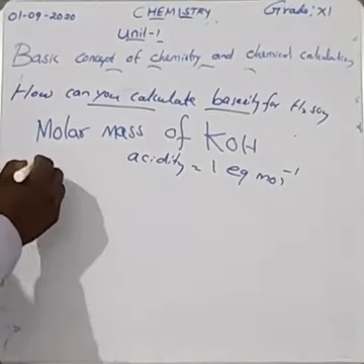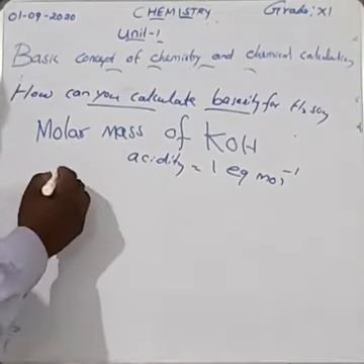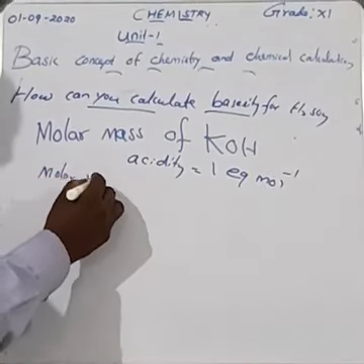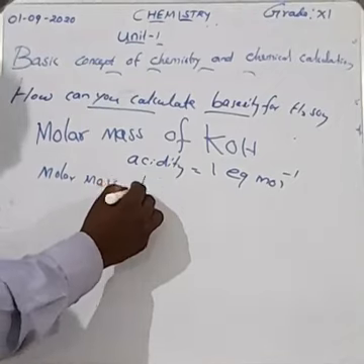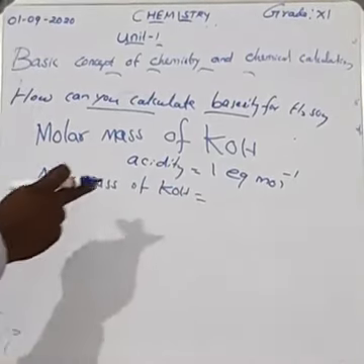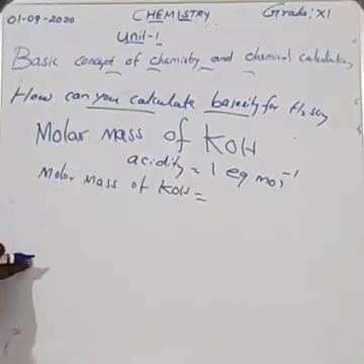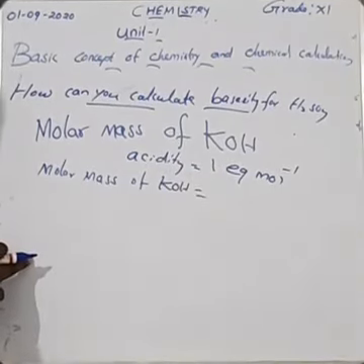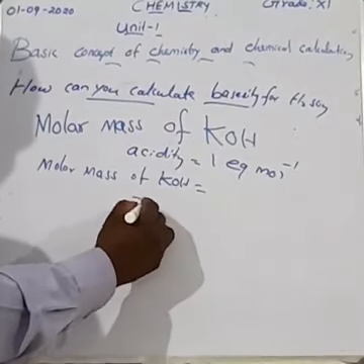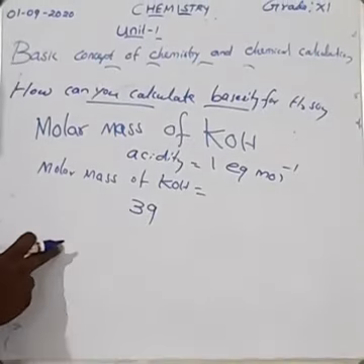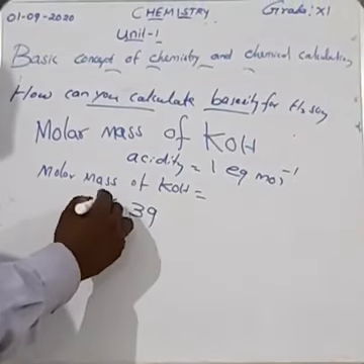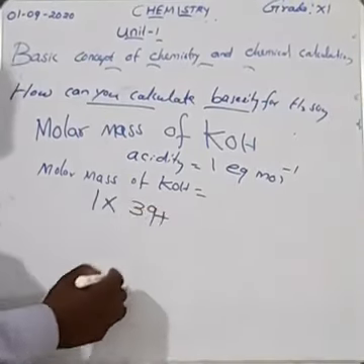Then molar mass of KOH is equal to potassium, atomic number 19. Am I right? Mass number is equal to 39. How much potassium is there? 1. So 1 into 39, plus oxygen.